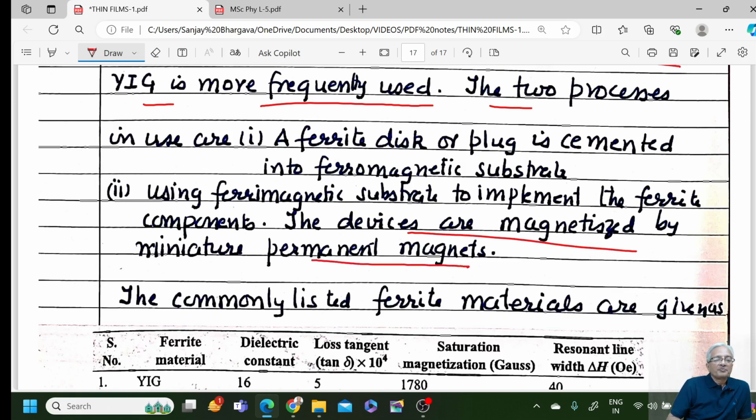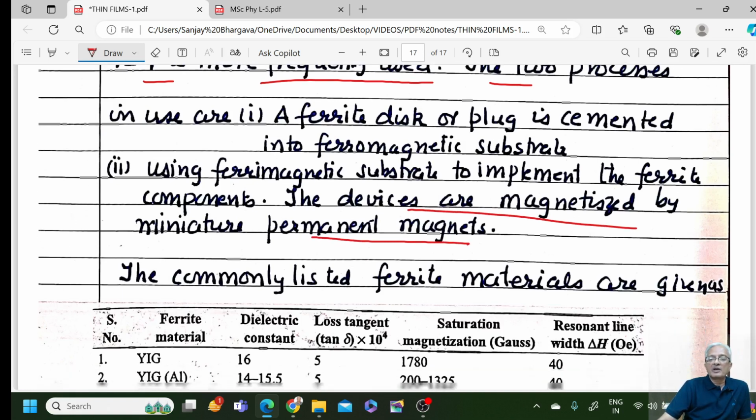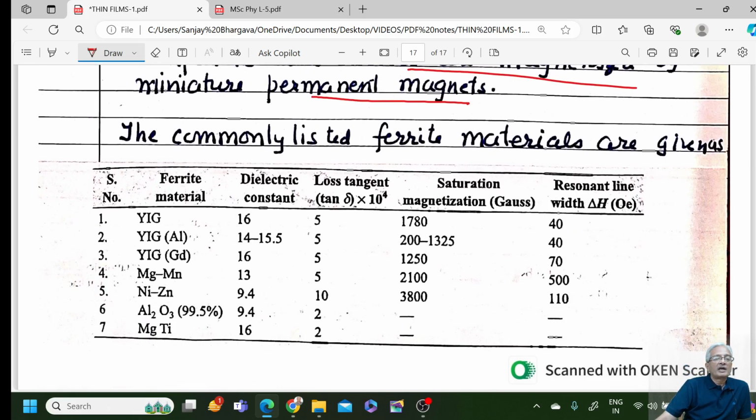So the most commonly used materials with their properties are just summarized in this table: YIG aluminum, YIG gadolinium, then Mg, Mn, Ni zinc, Al2O3, then their respective dielectric constants given here, loss tangents into 10 raised to power minus 4 given here, saturation magnetization is given, resonant line width is given.